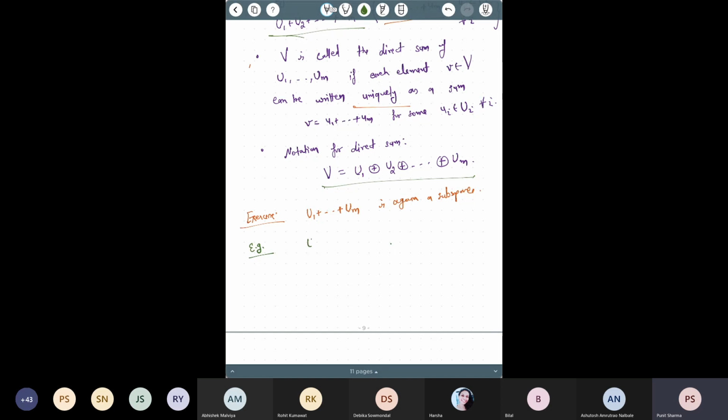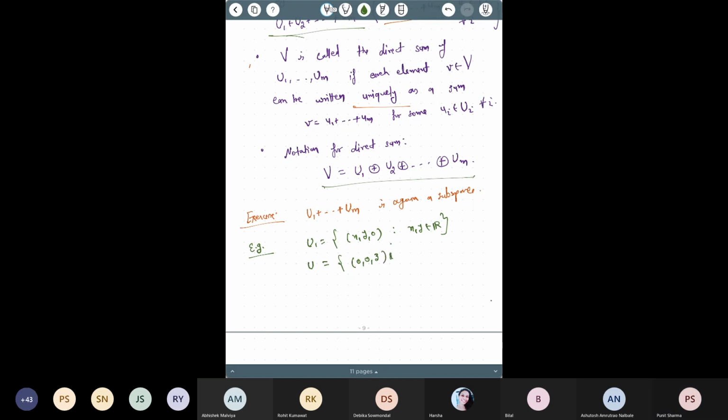Let me take u1 as, let's say, x y 0, a simple example in R3. So our vector space is R3 and u1 is this one, and I will take u2 as, let's say, 0 0 z.